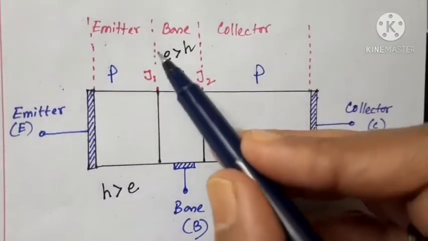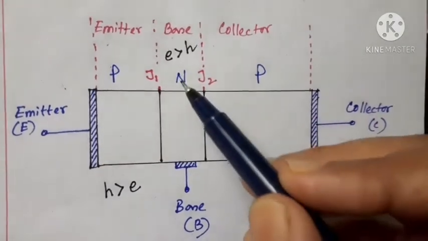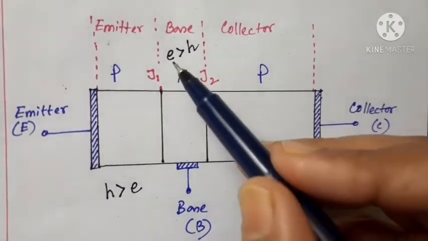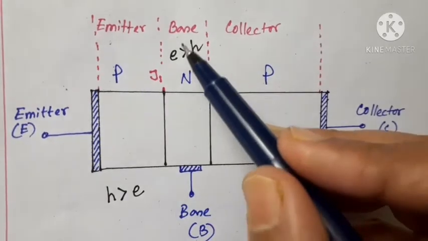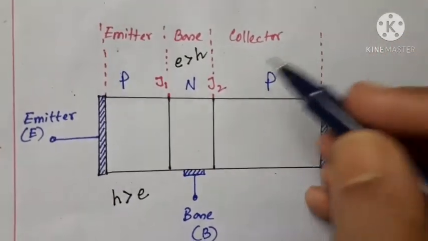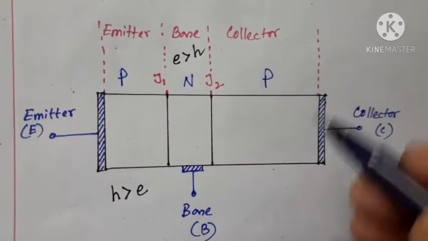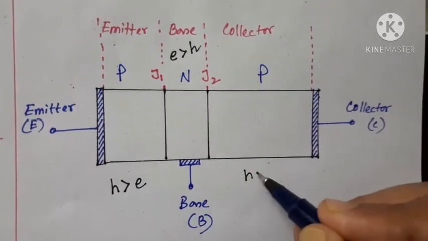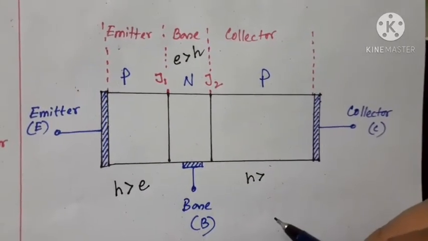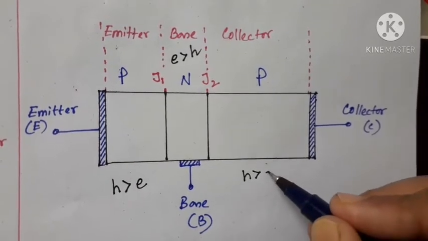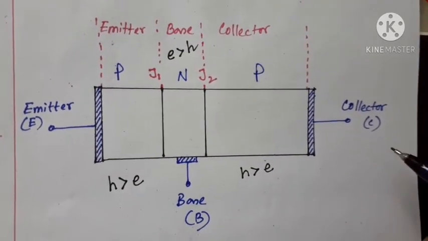That is, the number of electrons within the N-type base region is much larger than the number of holes. And here in the collector, as it is P-type, the number of holes is also quite large. So holes are the majority carriers and electrons are the minority carriers.